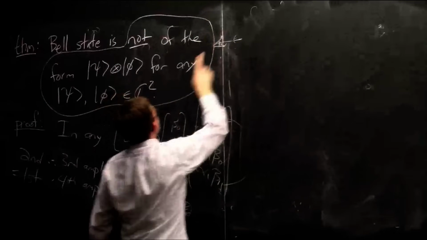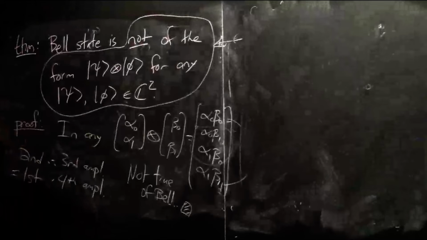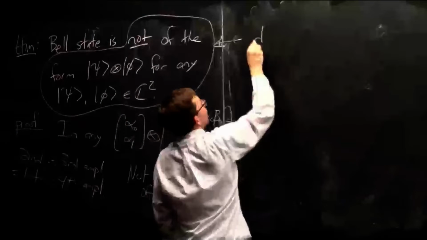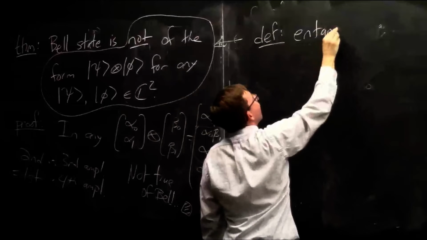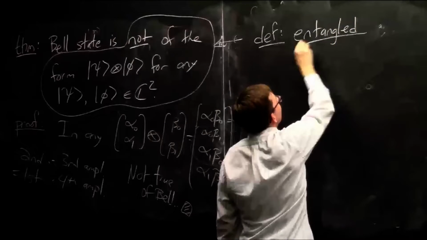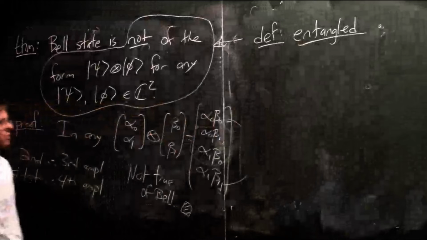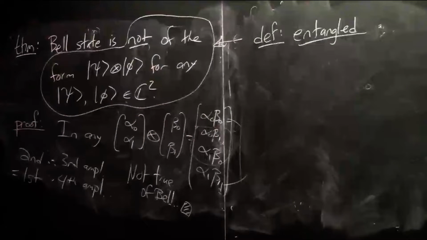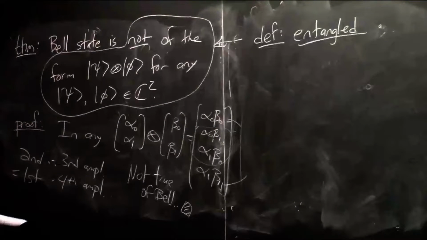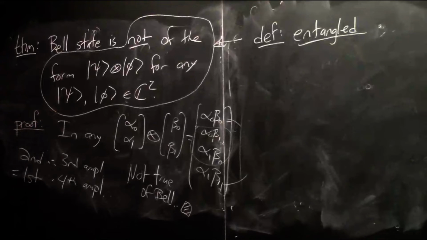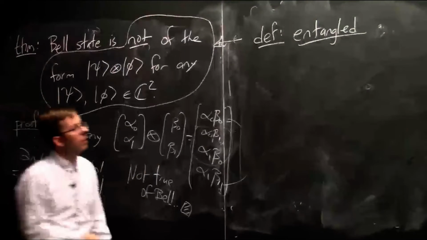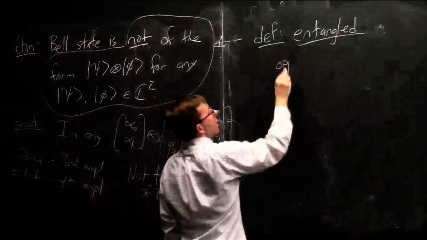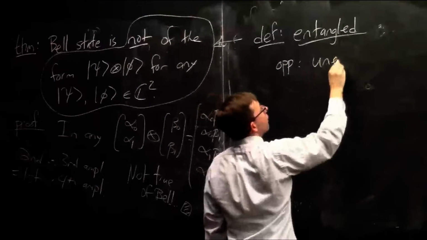Okay, any state that satisfies this circled part is called entangled. Okay, and this is just an adjective that sometimes gets used casually. But if you want a formal definition, it's this. It means it's not of the form one state tensor another state. Okay, and the opposite of this is unentangled.